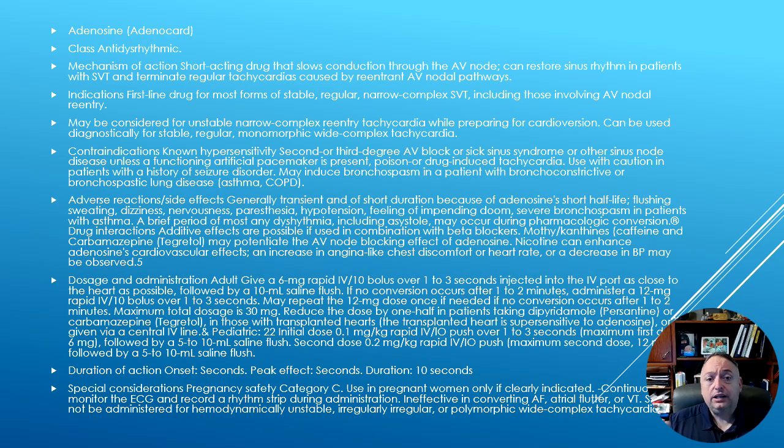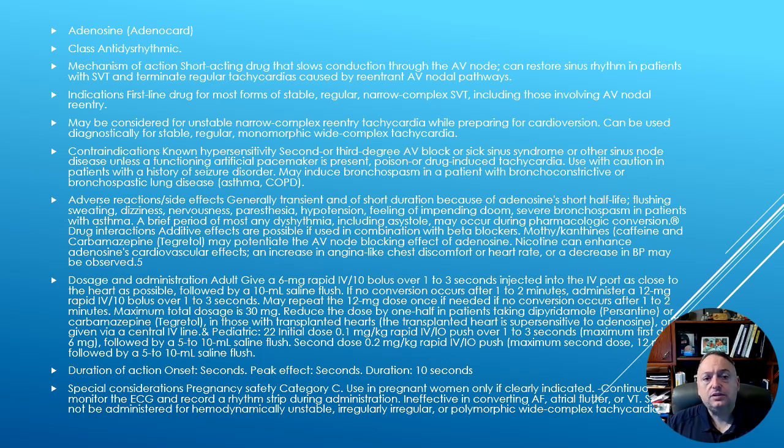So we need to start a larger IV, preferably an 18, and it needs to go in the left AC. The left AC is the closest IV access that we have to our heart. So left AC is where we want to be for the administration of adenosine.